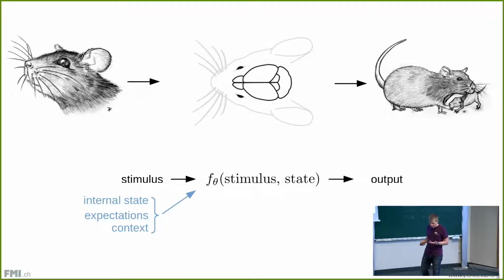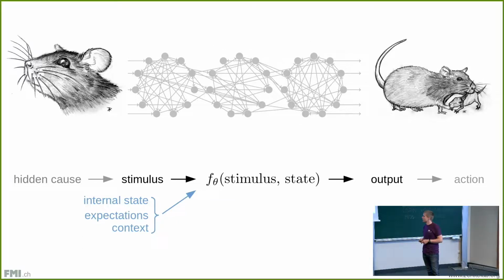This is already a vast abstraction, because underlying stimuli are hidden causes in the world, and the outputs are usually motor actions that allow us to interact with the world. These actions will change the world or change our position in the world. Today we're not going to go into this, but we really focus on this mapping in the middle. So it's a vast abstraction we're using, and we should keep this in mind.